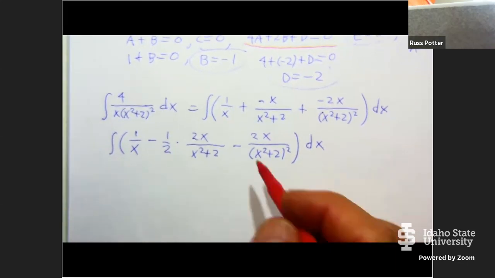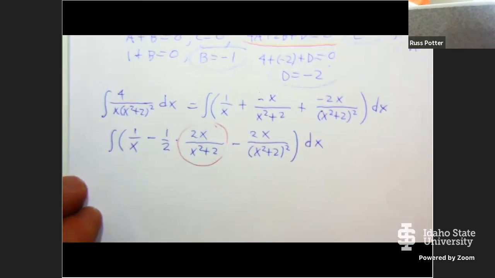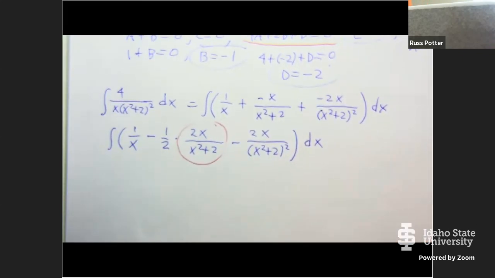Okay, so this middle term, 2x over x squared plus 2, has the form du over u, right? Because if u is x squared plus 2, du is 2x dx.